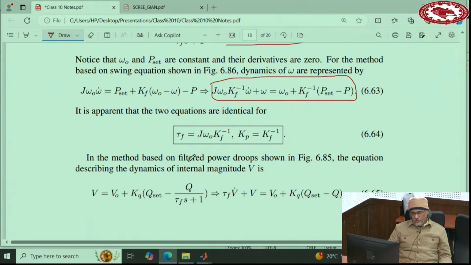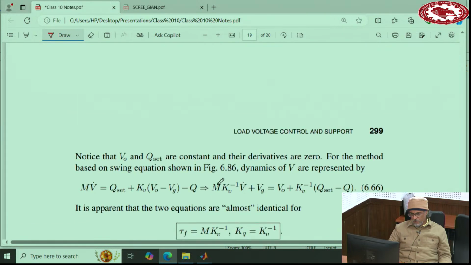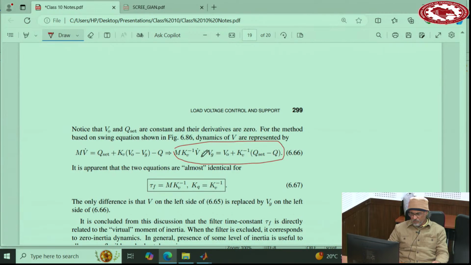However, when you go to the magnitude equation, for the previous diagram, you will get this one. And for the other one, based on the synchronous machine, you will get this one, where you will see a great resemblance between the two.